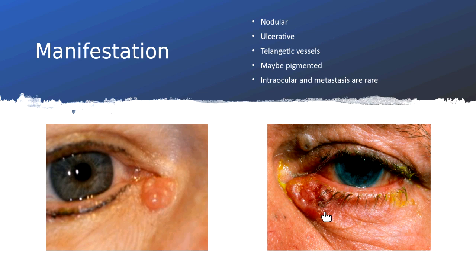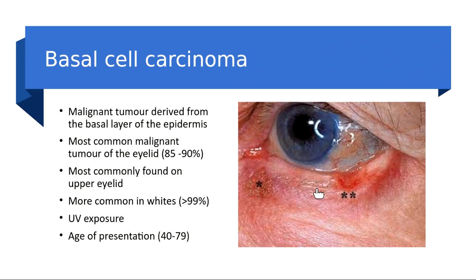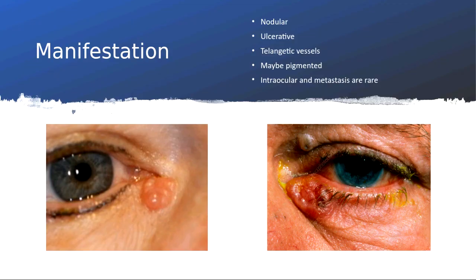It may be pigmented, but luckily intraocular spread and metastasis are rare. So let us look at the two lesions that we had so far. Here we have an ulcerative lesion with rolled edges. Here it can be nodular, it can be indurated, and we have these pigmented lesions as we saw in the other one.